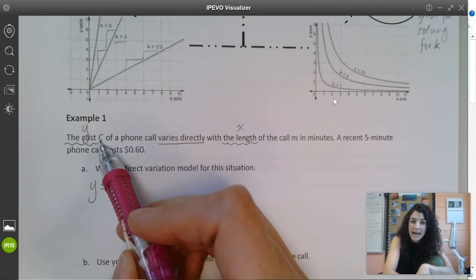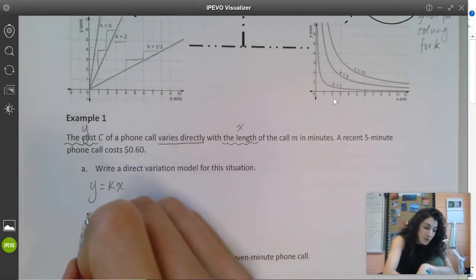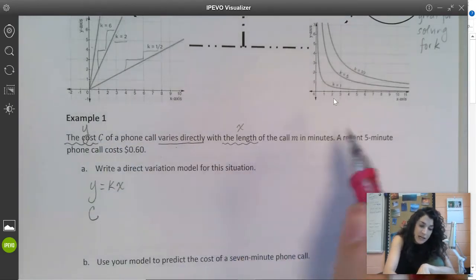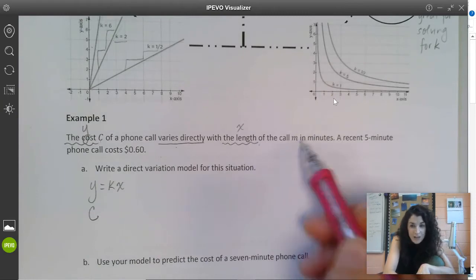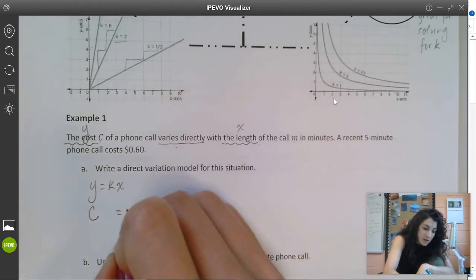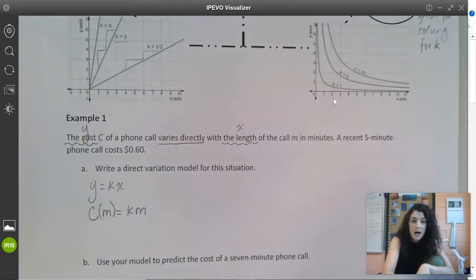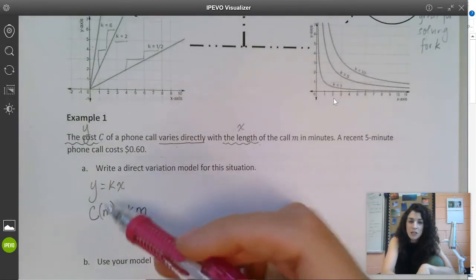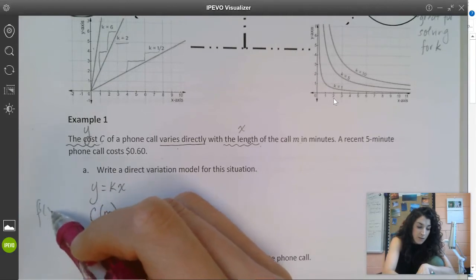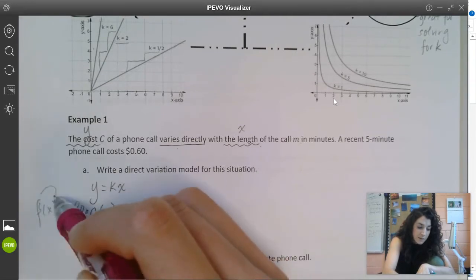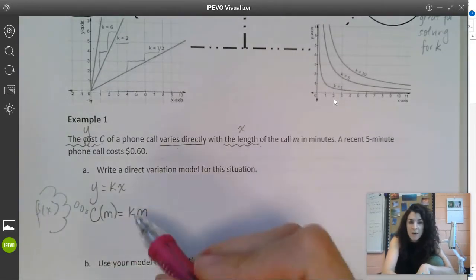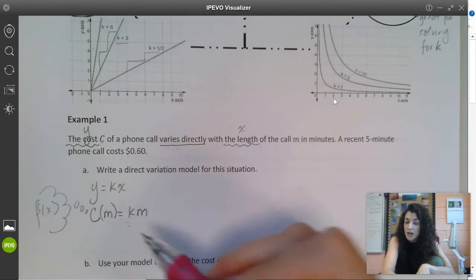Then y is actually my cost, C, so I'm going to replace it with C. And the length is supposed to be M. So C equals k times M. I'm going to call this C of M. This notation is like f of x, but it's C of M, where k is just a number.